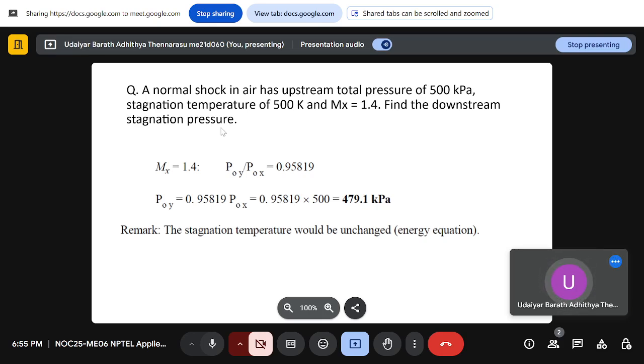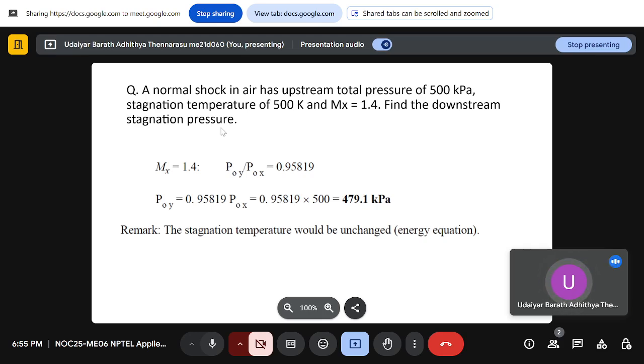Across a normal shock, the stagnation pressure always reduces. Physically, that means your entropy is increasing, so some kind of loss is there, and that is reflected in the pressure too. At higher Mach number the losses will be even larger across a normal shock.